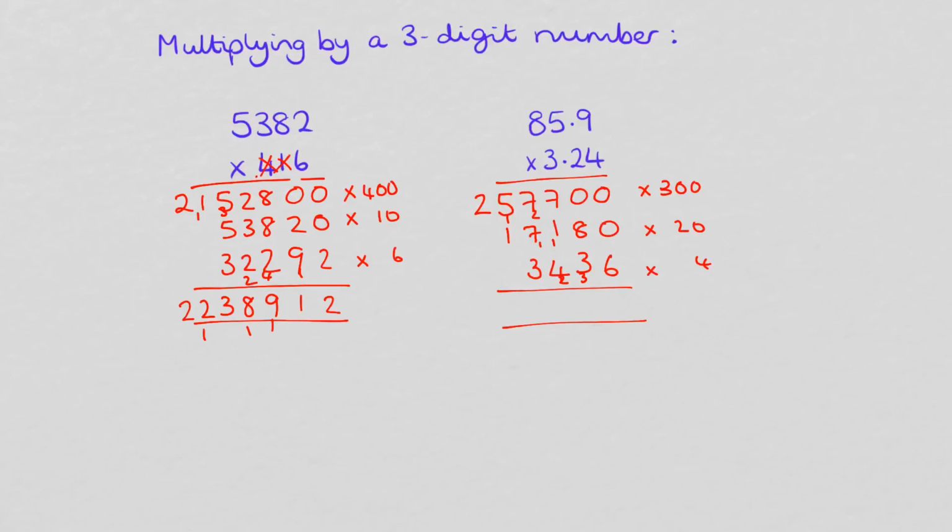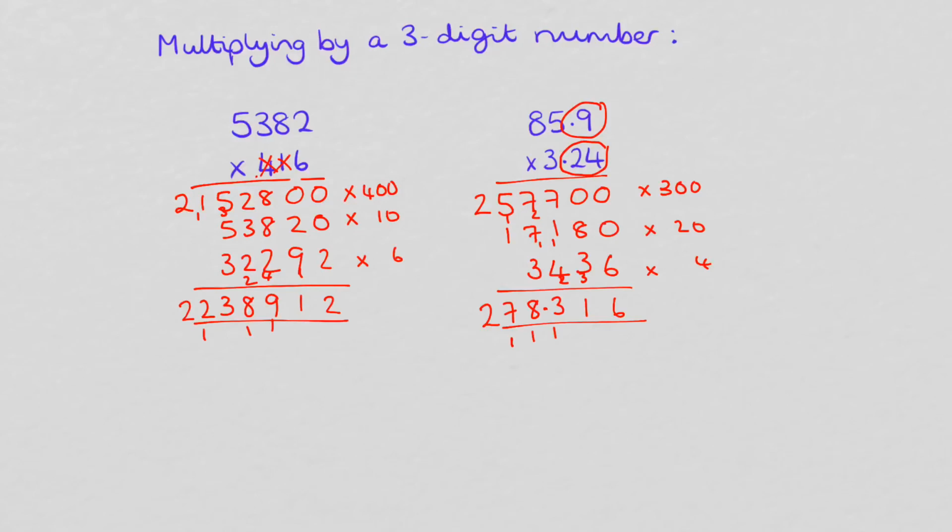And then adding up, we've got 6, 11, 8, 12, 13, 18, 7 and 2. A lot of digits there. And if we have a look in the question, we've got 3 decimal places. So in the answer, we need 3 decimal places. So we can see that the point goes in between the 8 and the 3 there.